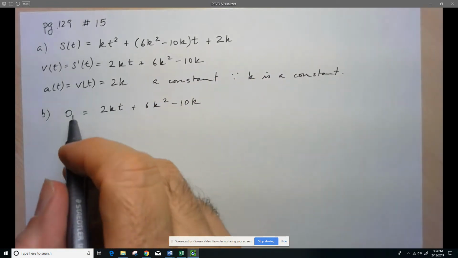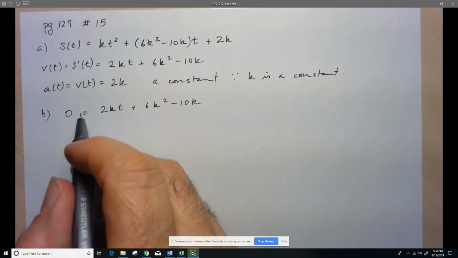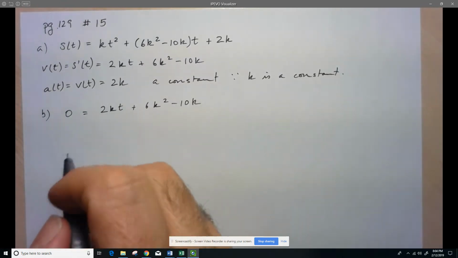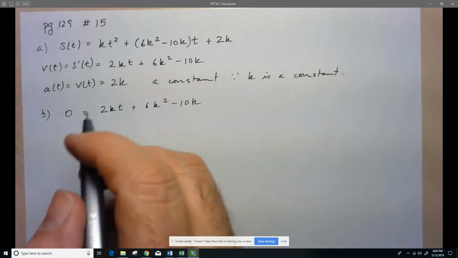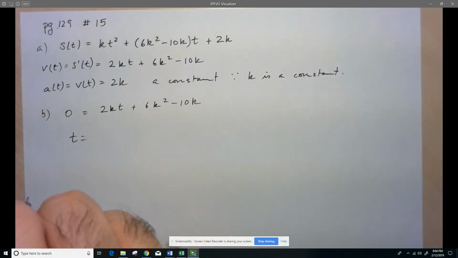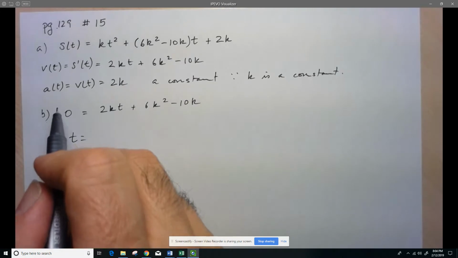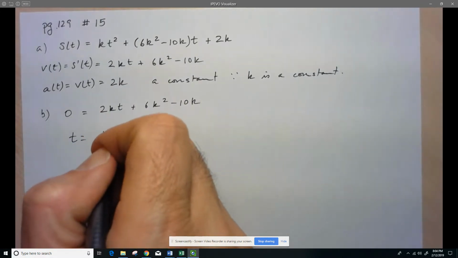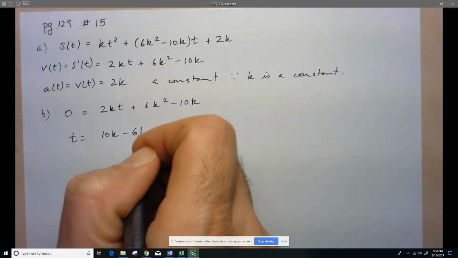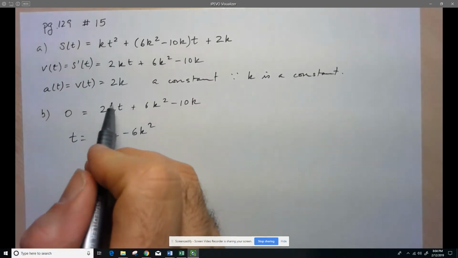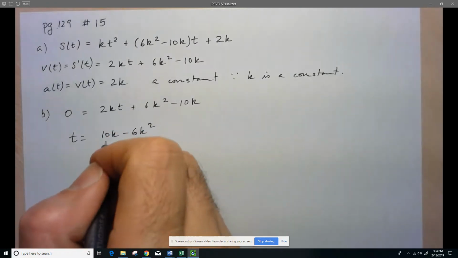And this is pretty easy because this is just a linear function, and so we can just solve for t using opposite operations. So t is just going to be equal to, so first we bring these expressions to the other side, the constant ones, so that's going to become positive 10k minus 6k squared, and then we'll divide out the 2k to isolate t.